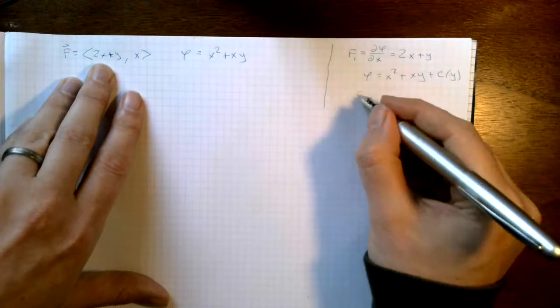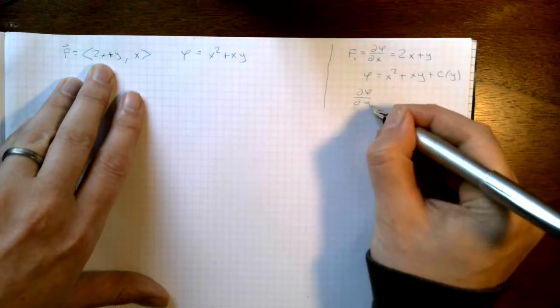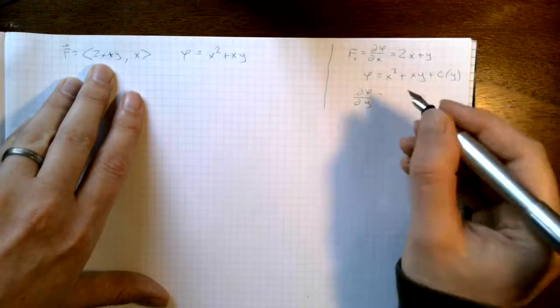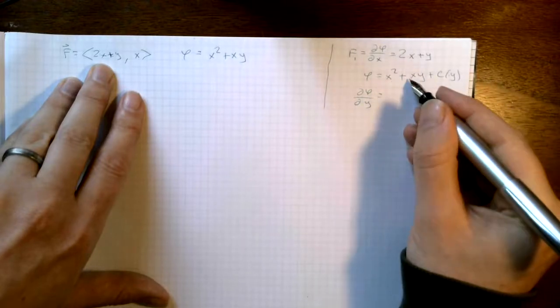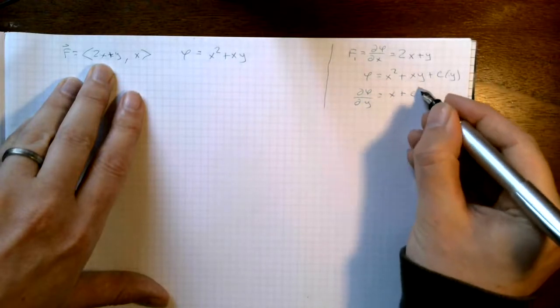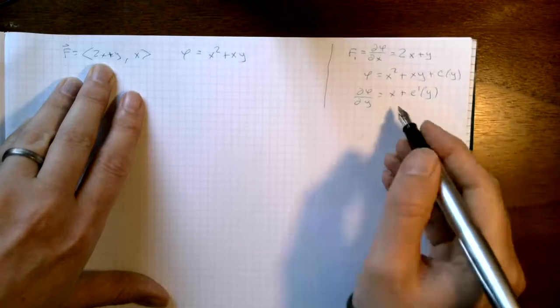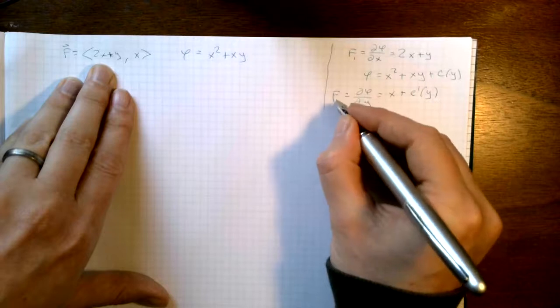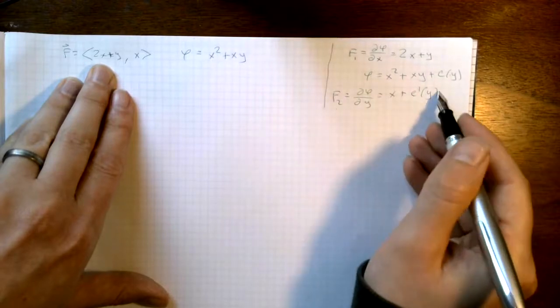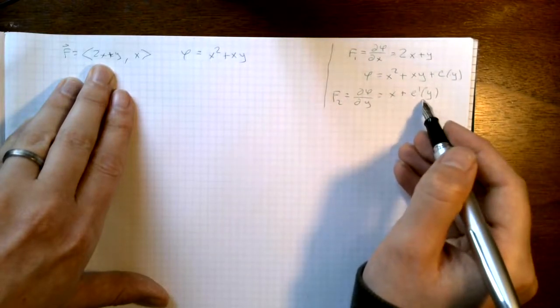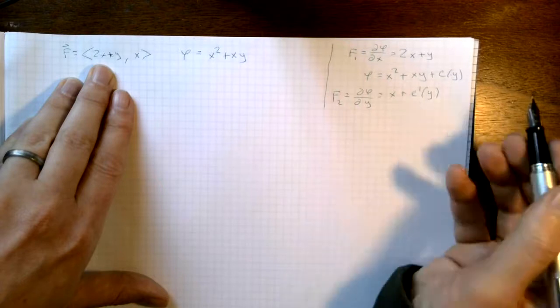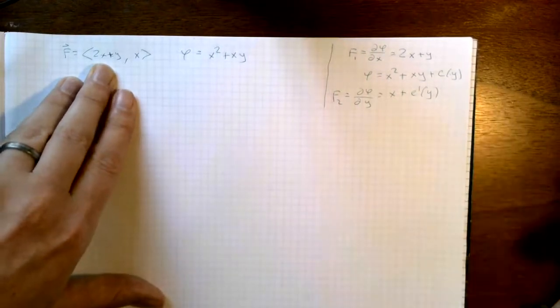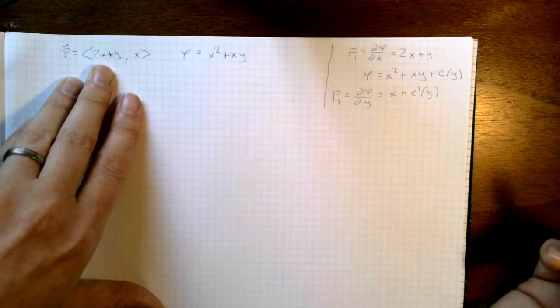And now if I differentiate with respect to y, I just get x plus c prime of y, and this is supposed to be F2, right? And so I can just make c so that c prime is 0. For example, I could just take c equal to 0.